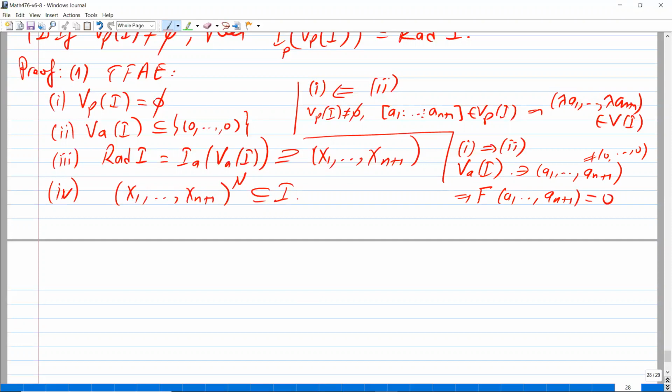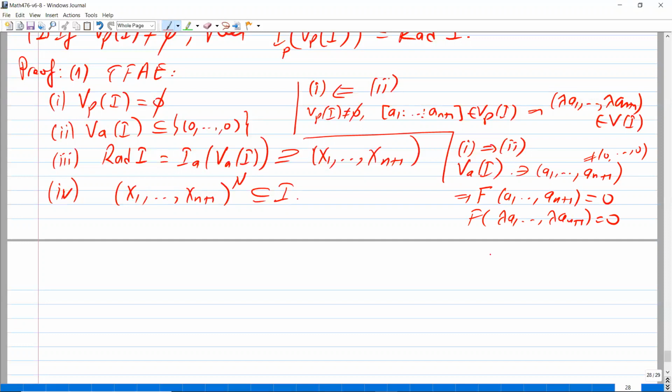Moreover, since f is homogeneous, f of lambda A1, ..., lambda A(n+1) is 0 for every lambda.